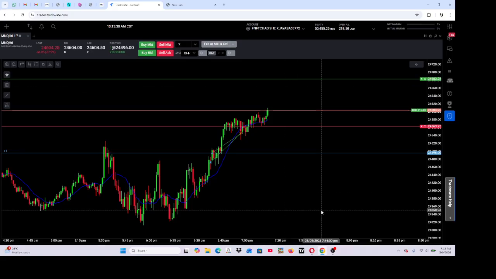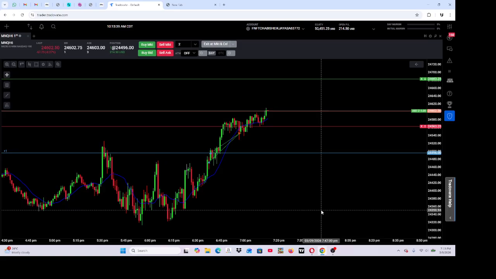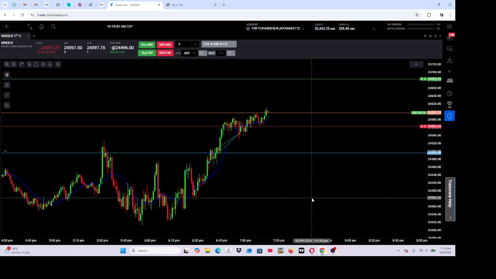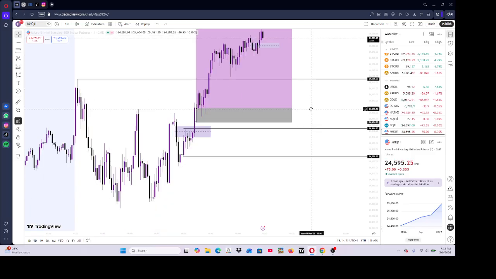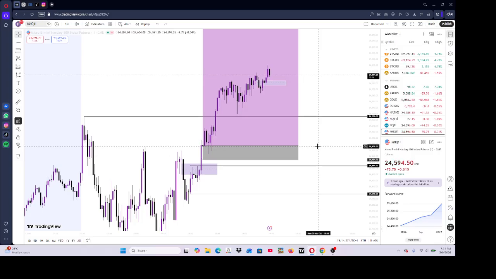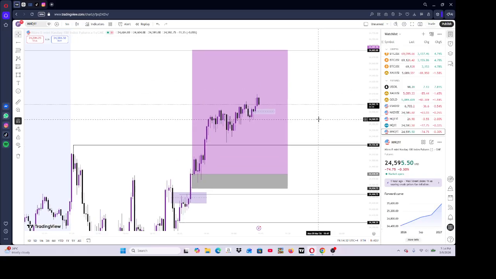That's good for daily profit. Let's hope it will go higher.